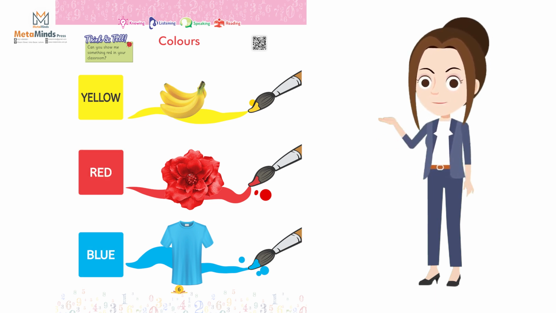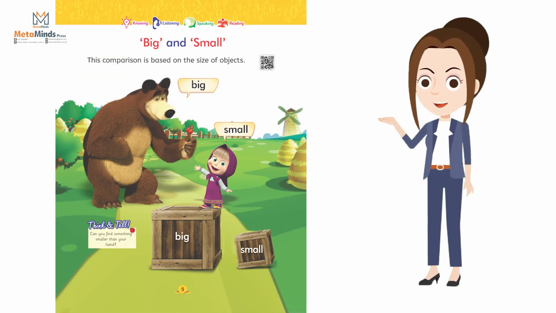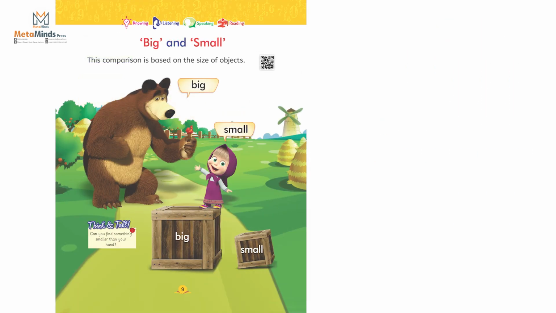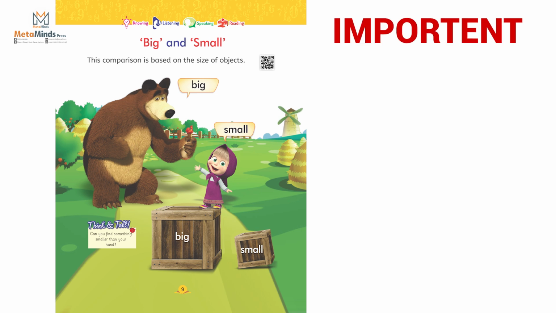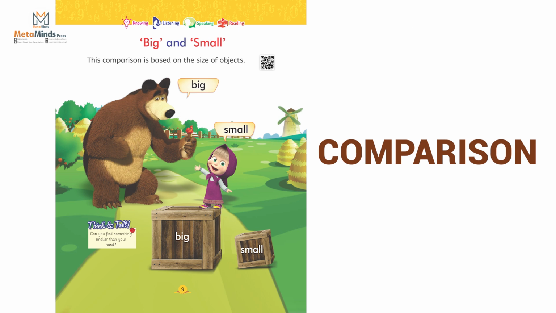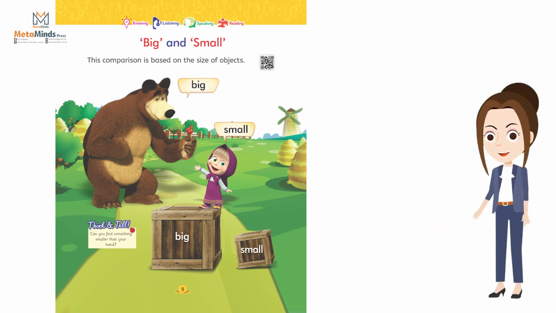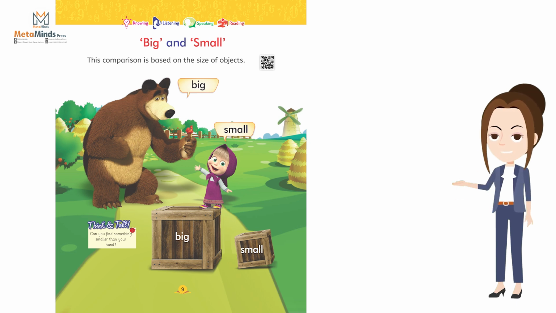Now my dear students, it's time for our next lesson, and the next concept which we are going to do is a very important concept of maths because it is about comparison. What is comparison? Comparison is when we have two things and we see how different they are from each other.